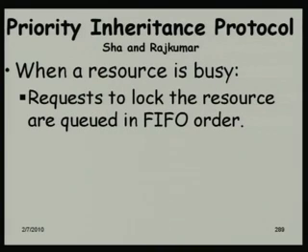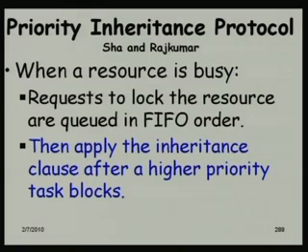Now, when a resource is busy, the requests to lock the resource are queued in FIFO order. Multiple tasks might come in and wait for the resource. We just showed one task waiting, but it is likely that multiple tasks might be waiting. Can you visualize the situation? Maybe a low priority task TL was using the resource R, and meanwhile some other task TI started executing and requested the resource, and it blocked.